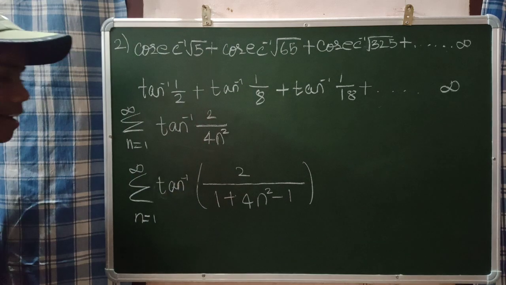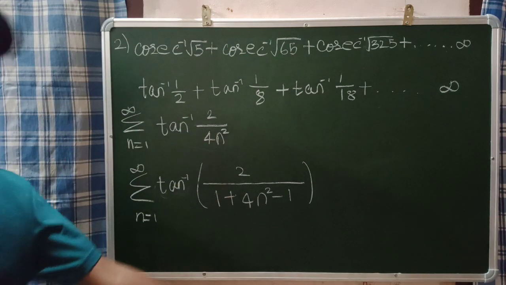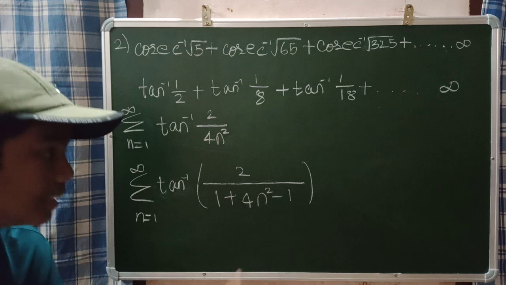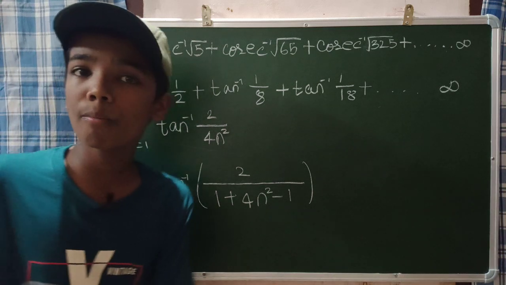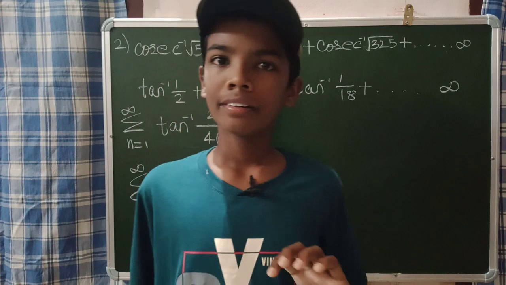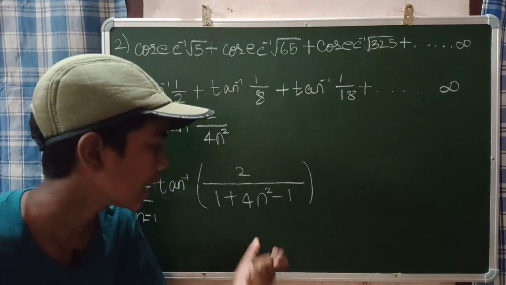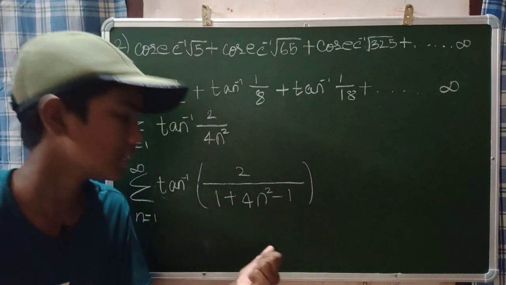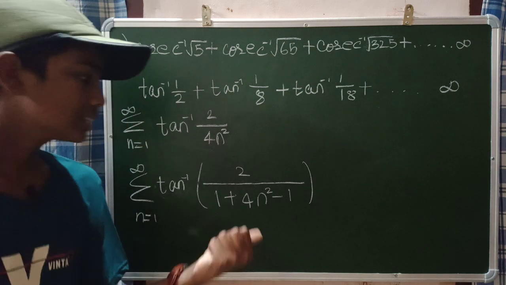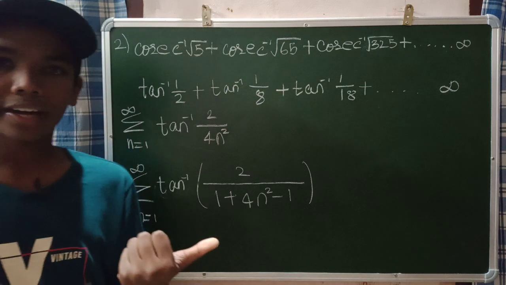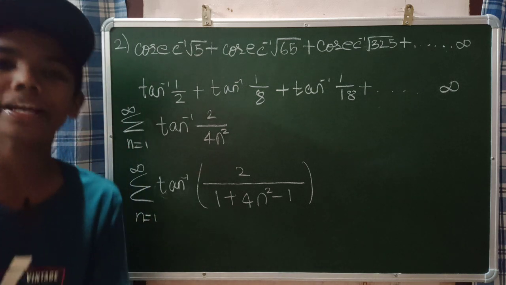So in the denominator, I added 1 and subtracted 1 so that this expression, 4n square minus 1, looks like the form a square minus b square, which is 2n whole square minus 1 square.